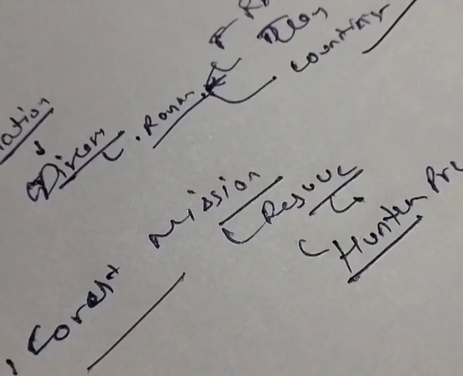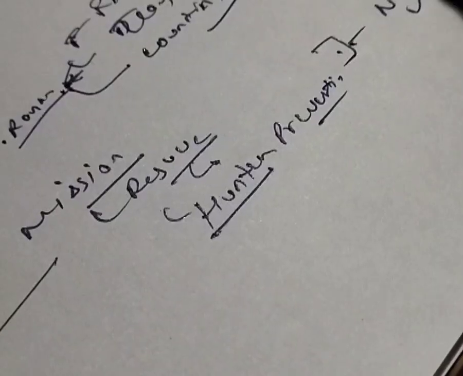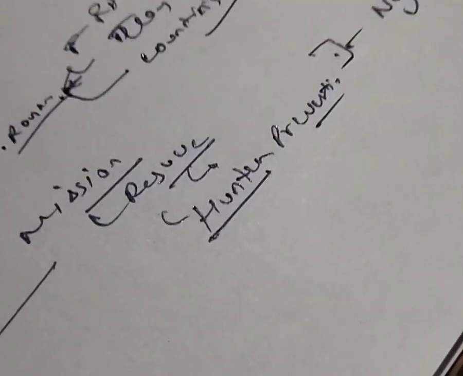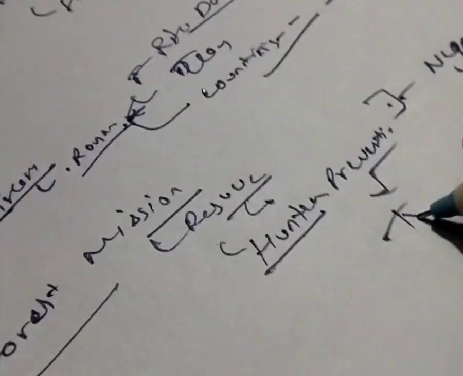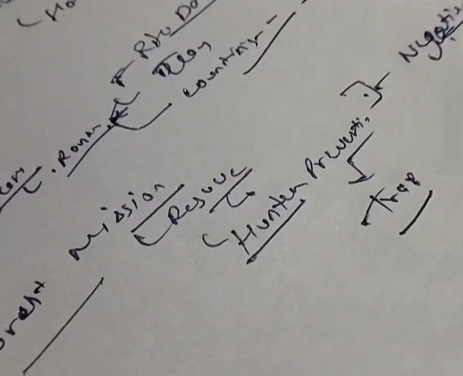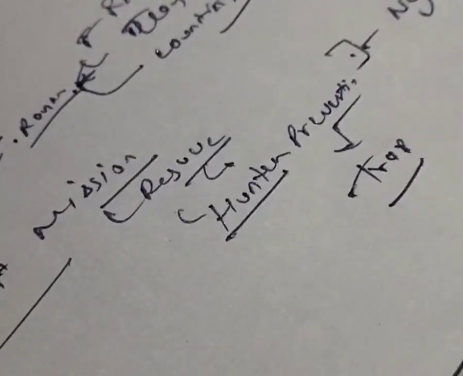Maybe the animals are under a hunter's attempt. Although by seeing the image it was negative, whenever I'm not getting something, I will write it down for brainstorming. So for hunter prevention, they make some traps and all. How they catch them and hand them over to the higher authorities is also a thing.